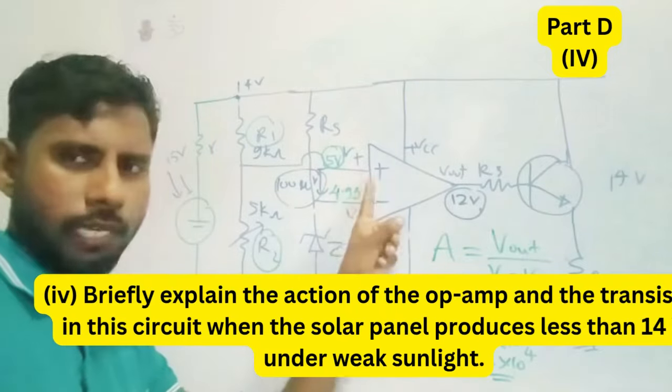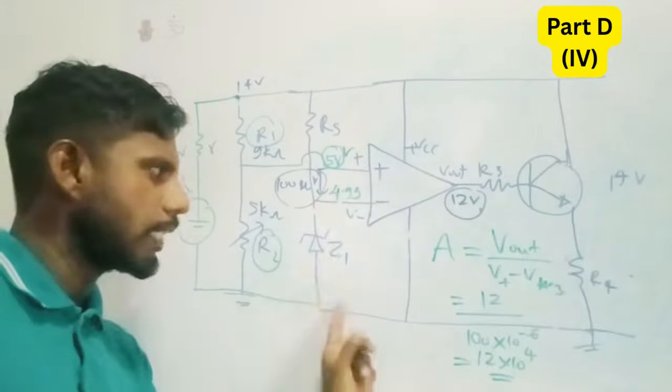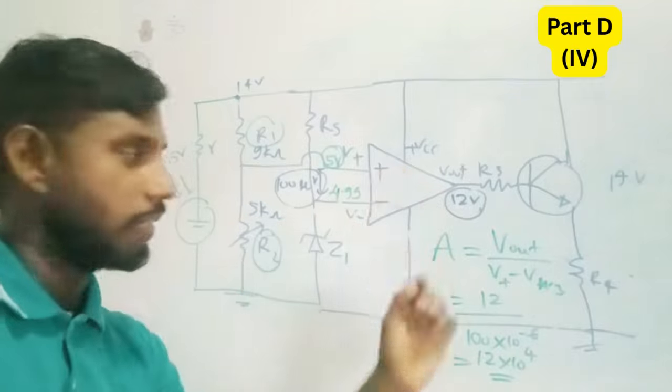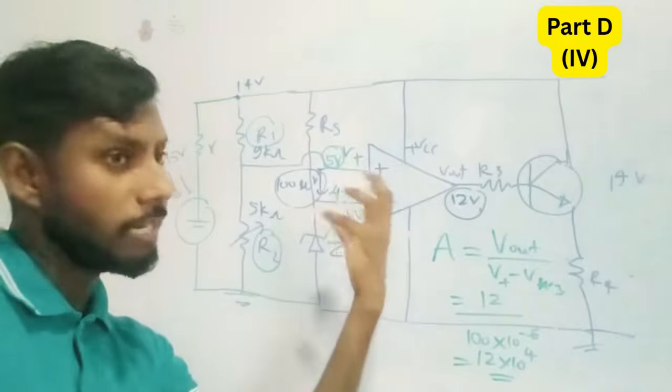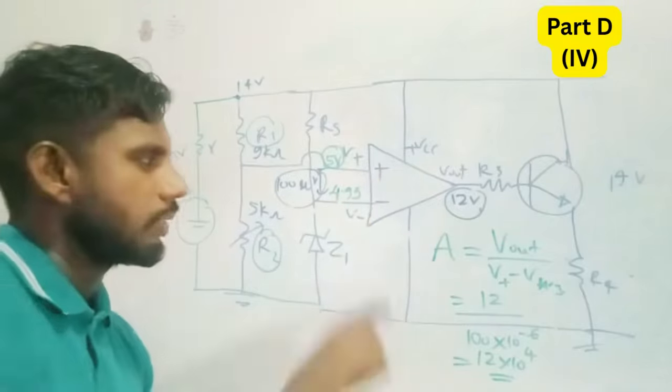If this is lower than 5, we know that the circuit will make sure the potential at the negative terminal will be 5. So this will be slightly lower than the potential at this point. The output will be negative.